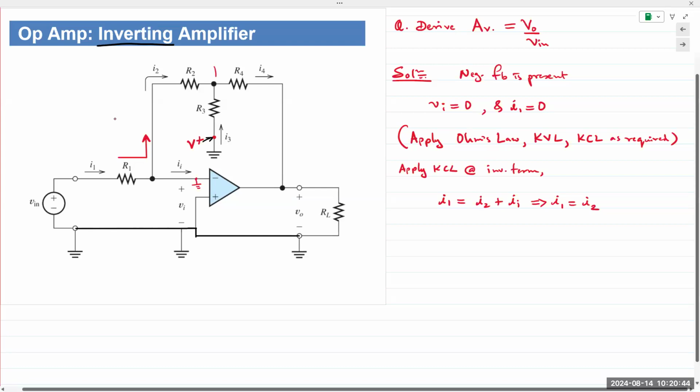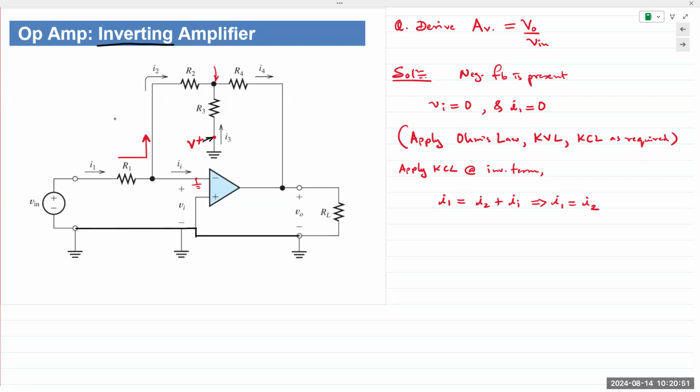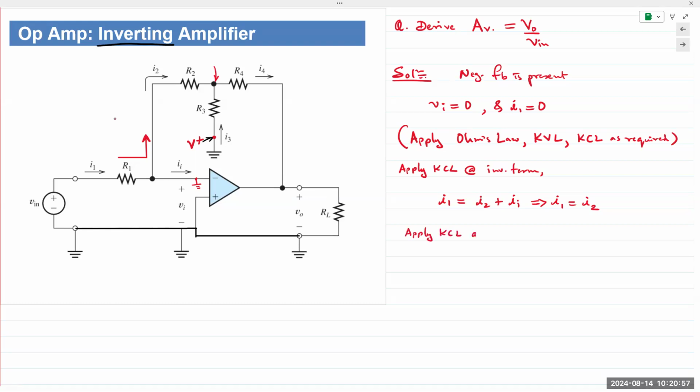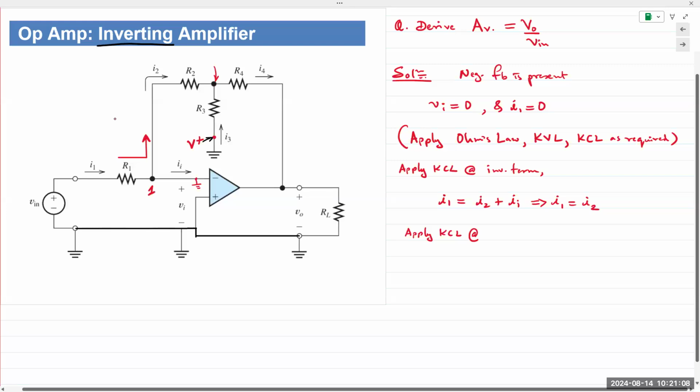And then if you apply KCL at that node, what do we get? Let's call this node, let's see, you got 1, 2, 3, 4. Inverting terminal 1, non-inverting terminal, let's call it 4.